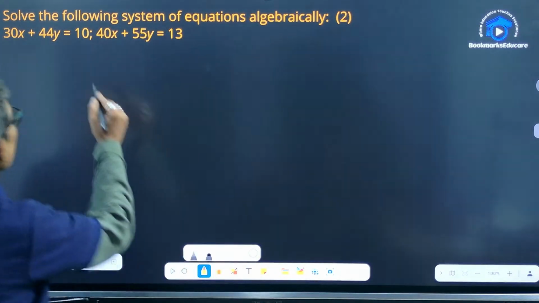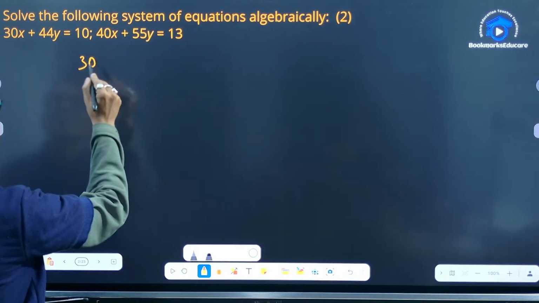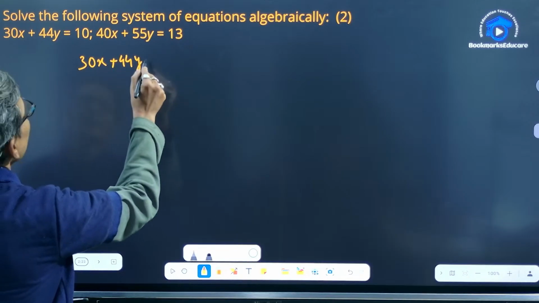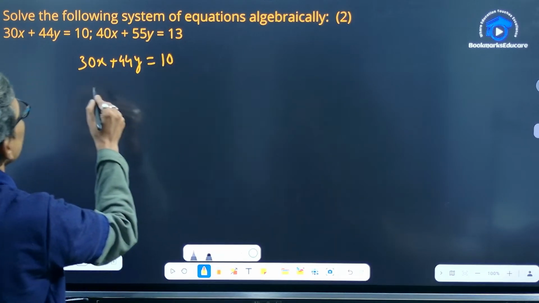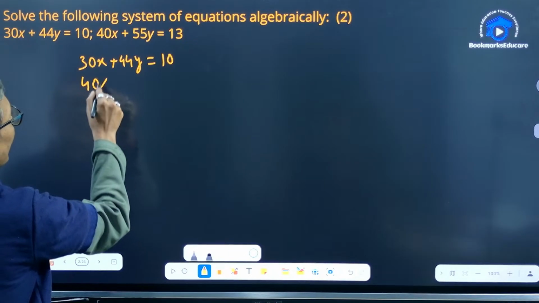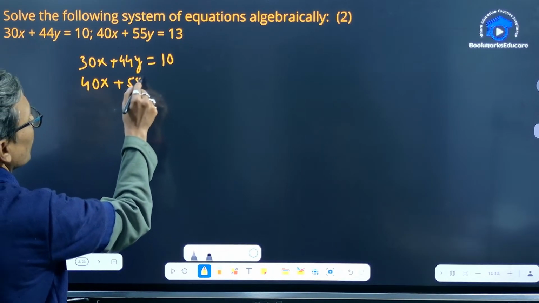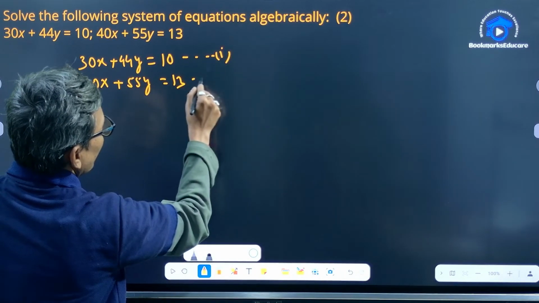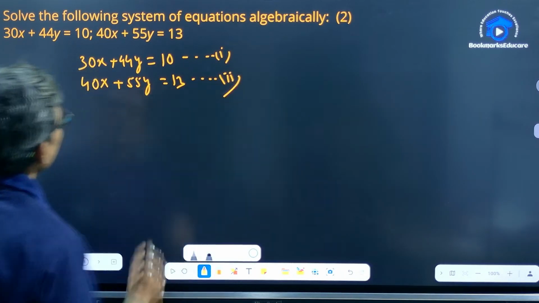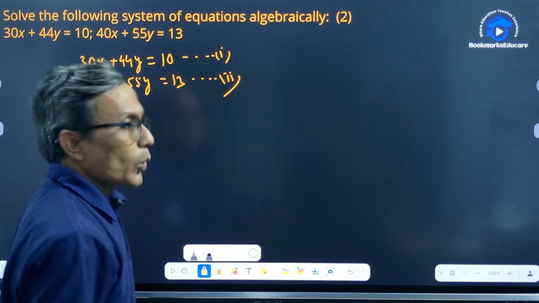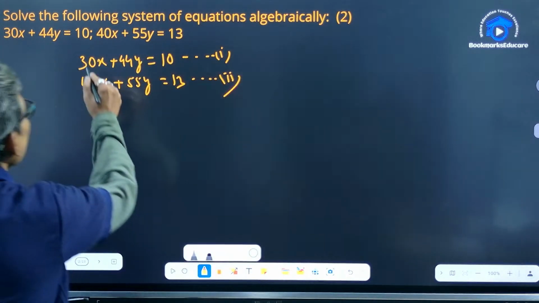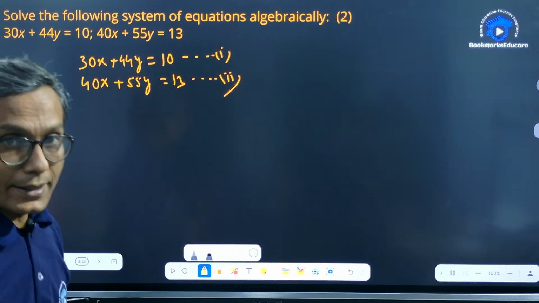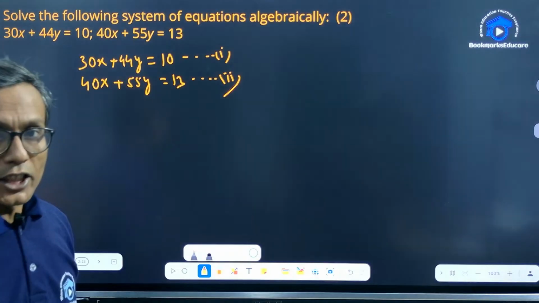So 30x plus 44y is equal to 10, 40x plus 55y is equal to 13. According to the method of elimination, I want to eliminate x from both the linear equations.